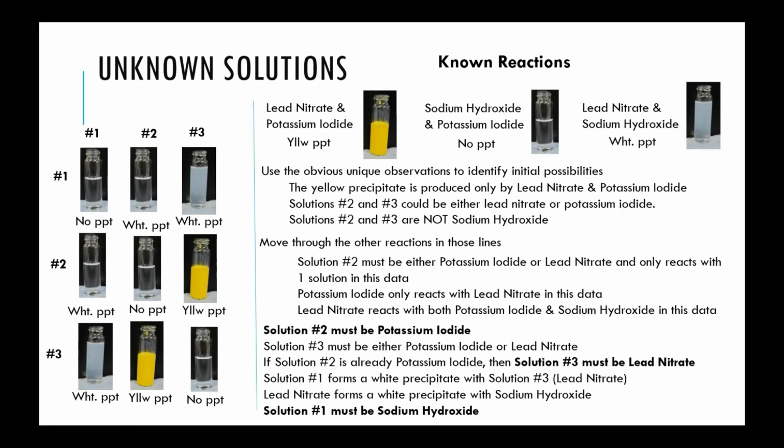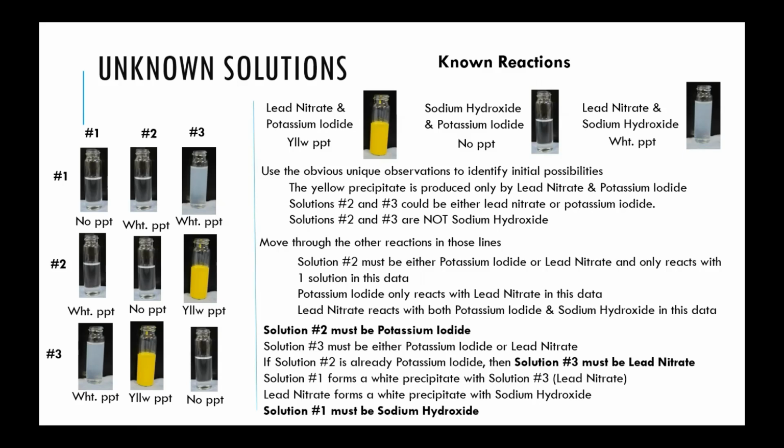And they're mixed together just like the 8 known solutions. The 8 solutions in your unknown, listed 1 through 8, are those same compounds from the first part. They're those same known compounds.